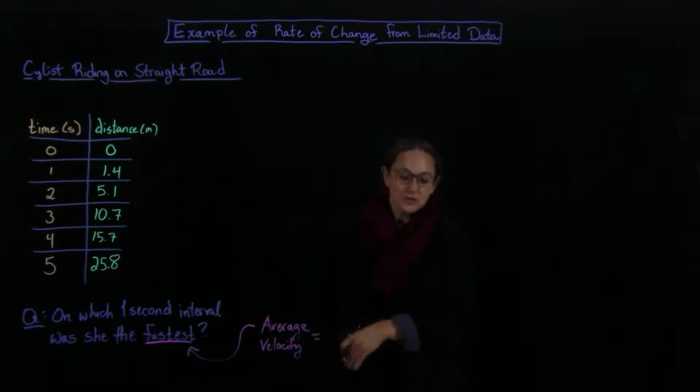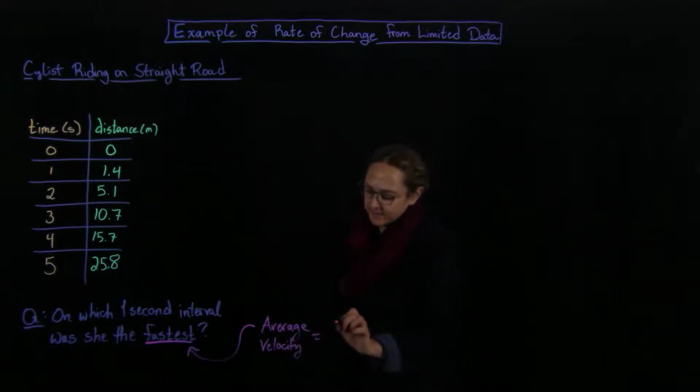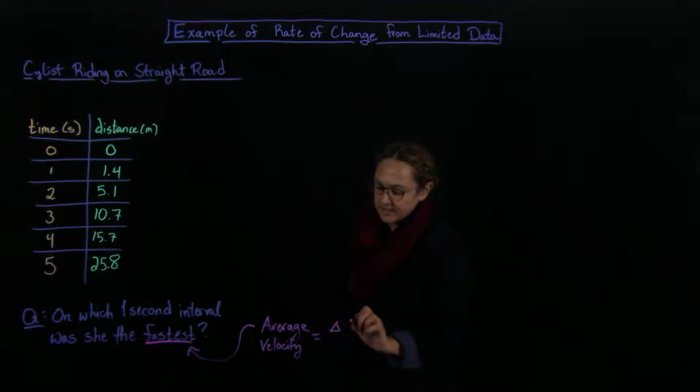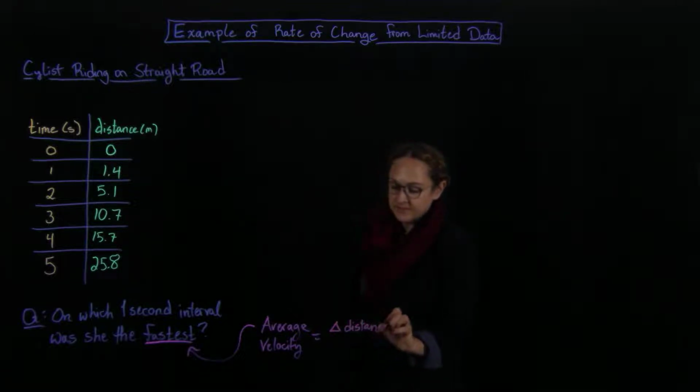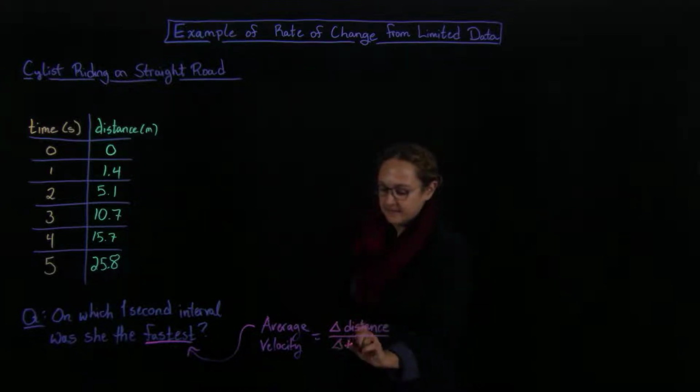If I'm looking for the average velocity, I'm looking for the change in distance, in meters, divided by the change in time, in seconds.